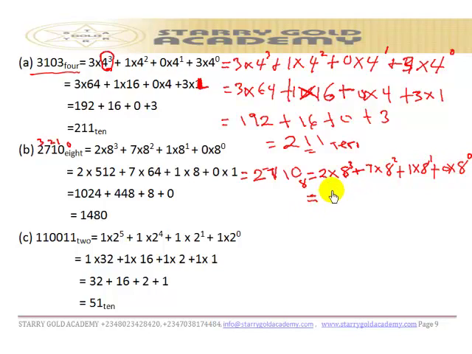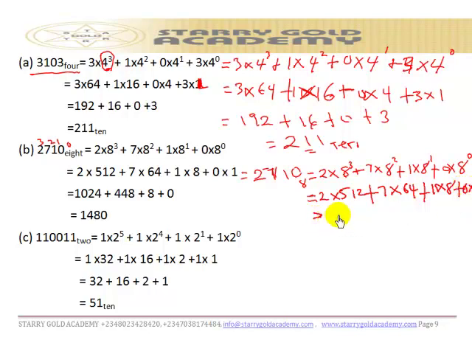8 raised power 3 is 512. That's 8 times 8 times 8. 8 times 8 is 64. 64 times 8 is 512. So you have 2 times 512 plus 7 times 64. That's 8 times 8 plus 8 raised power 1 is still 8. 1 times 8 plus 8 raised power 0 is 1. 0 times 1.